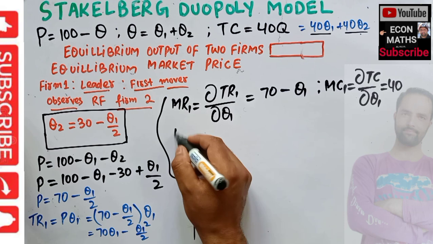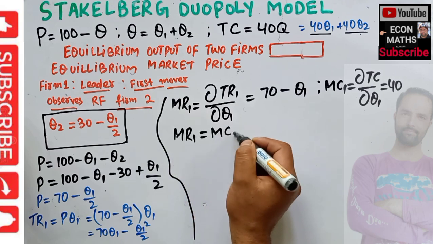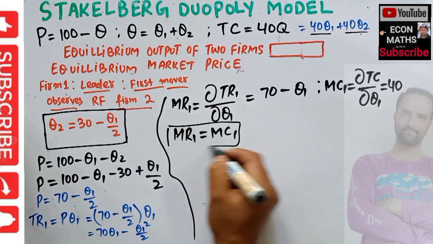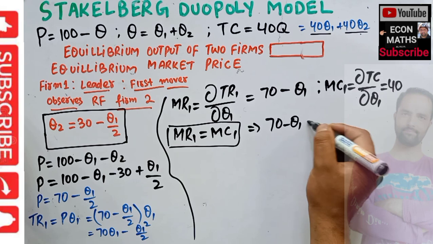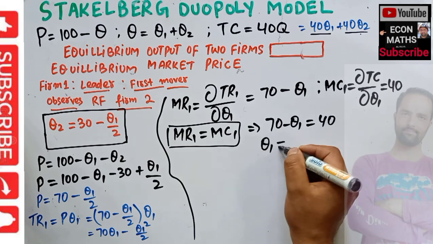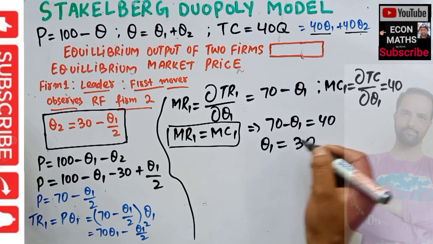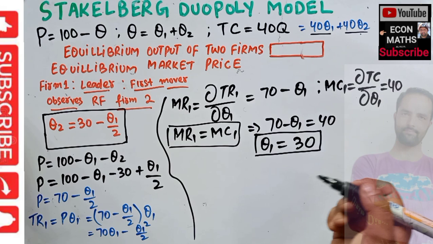Now equilibrium requires that marginal revenue should be equal to marginal cost, which implies 70 minus q1 should be equal to 40, which implies q1 is equal to 70 minus 40, which is 30. That means the leader firm should produce an output level of 30.